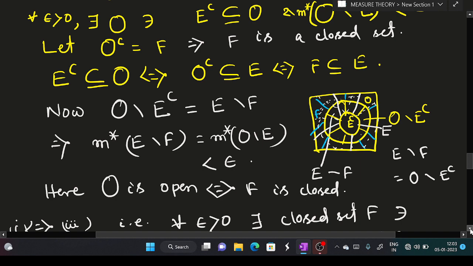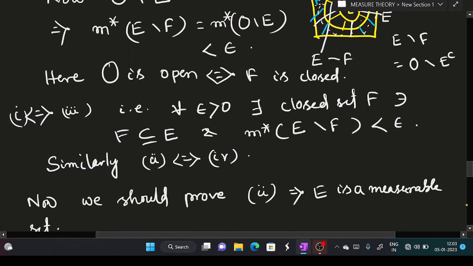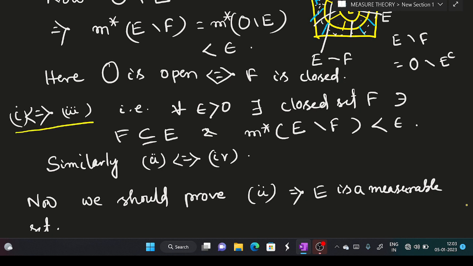Hence, since O is open if and only if F is closed because they are complements of each other, we got a closed set F contained in E such that outer measure of E difference F is less than epsilon. So we have proved here, both sides implies and is implied by. So 1 is implying and implied by 3.